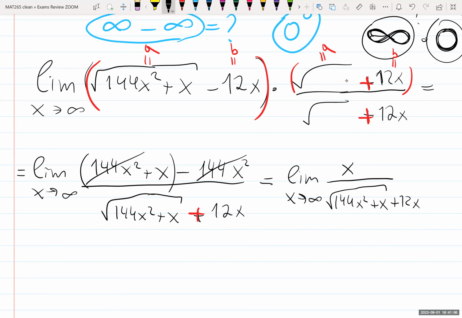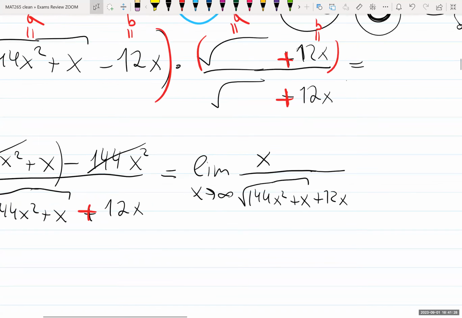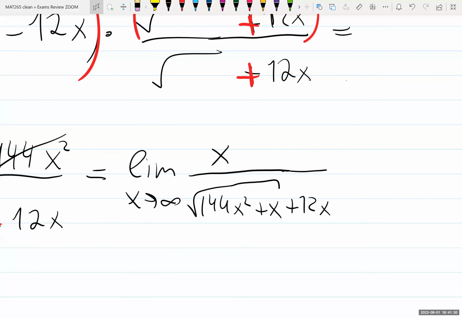Okay, this is where it's getting interesting. The book teaches you to divide numerator and denominator by the x with the highest power, which is super time consuming. So I'm teaching it differently. You don't have to do it my way; you can do it the way you learned. Anyways, it's correct. What I'm teaching is the idea of finding the speeds on each side and comparing them.